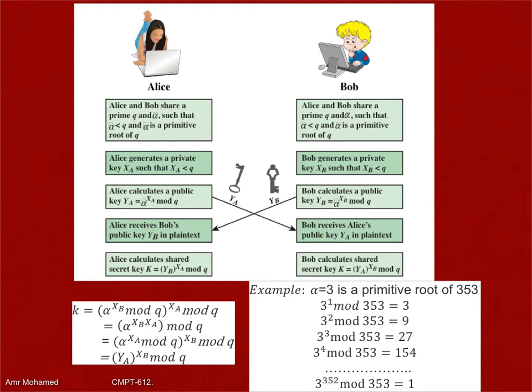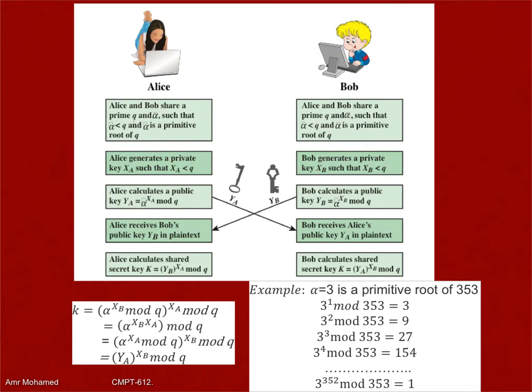Because again, for this equation, if I give you YA, and alpha and Q are shared, can you guess XA? Bob cannot even guess what XA is. It's a very intensive job. And he doesn't need to know this.